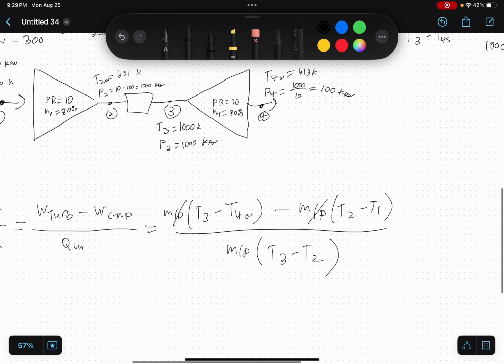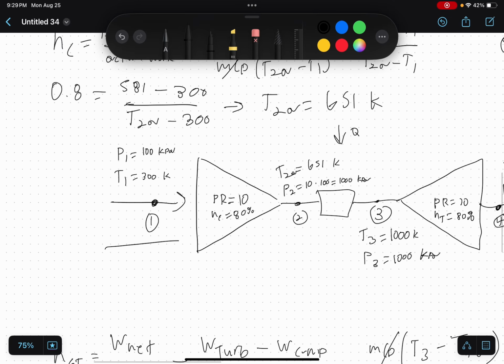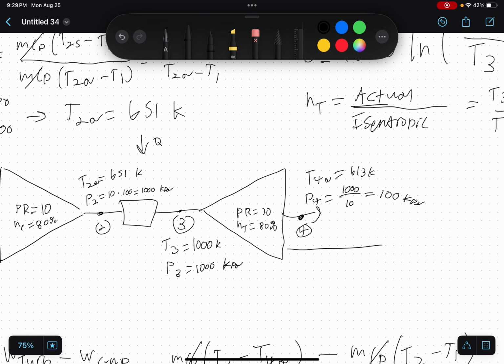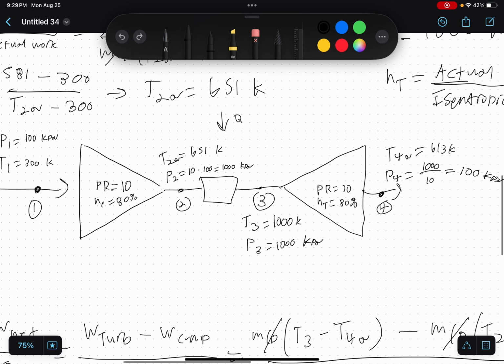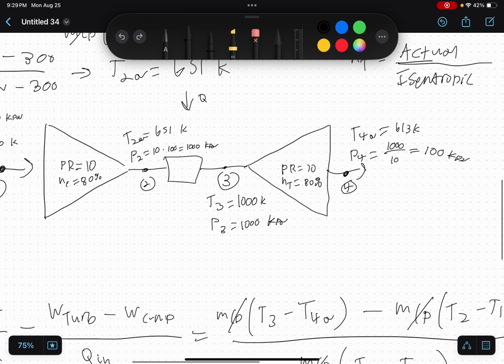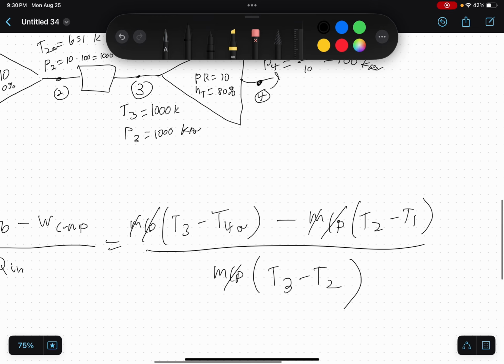You get to cross out all the Cps. The mass flow rate of air entering the turbine is the same as it leaving. However, you're also adding mass flow rate of fuel with the Q. So technically, the mass flow rate through the turbine is slightly bigger than through the compressor, but the amount of fuel that you add is basically negligible to the mass flow rate of air, so you can also assume that mass is constant.